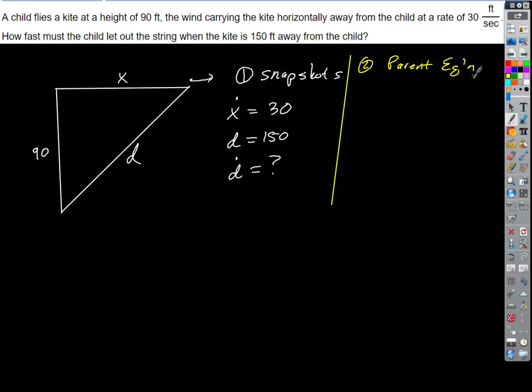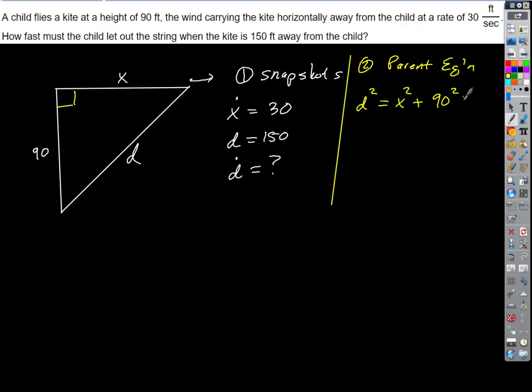Yeah, it's the Pythagorean theorem, isn't it? This is just a right triangle. And so we get d squared equals x squared plus 90 squared. Okay.